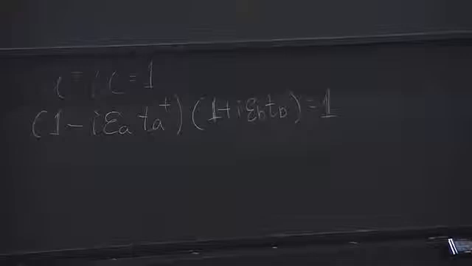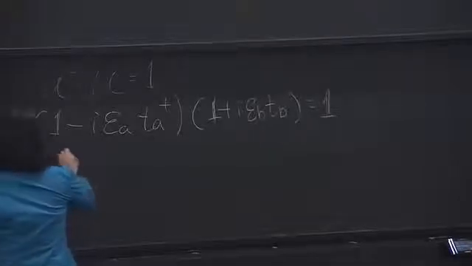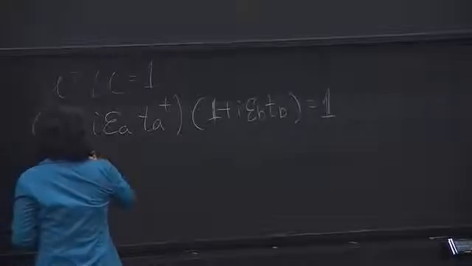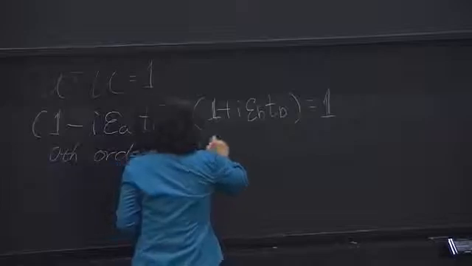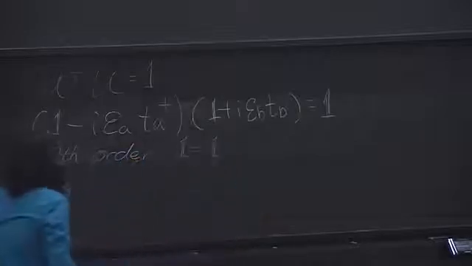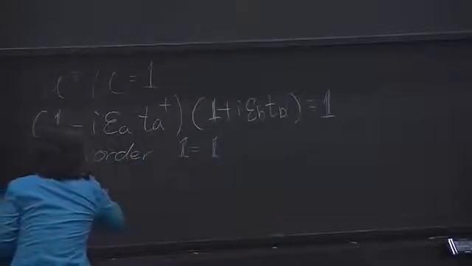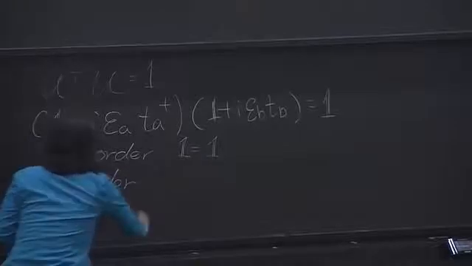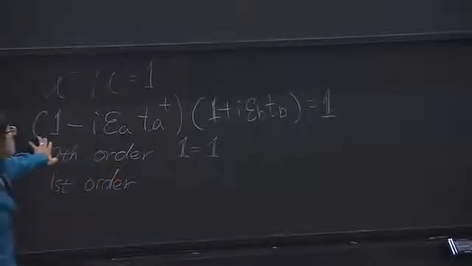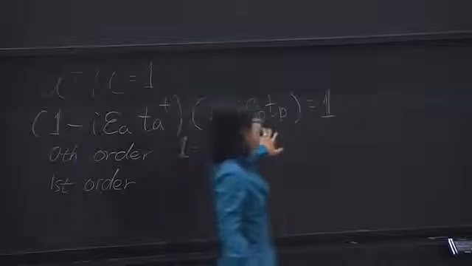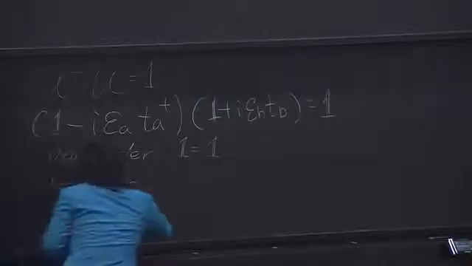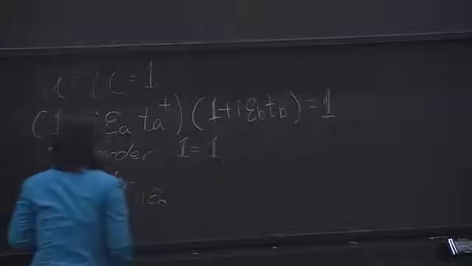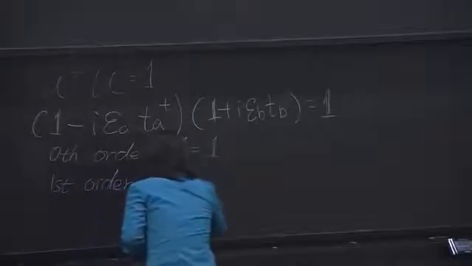Okay, let's expand this. We must be very good at this. Zeroth order: we get 1 equals 1. I'm happy. First order: we get this 1 multiplied by this guy, but it's the identity matrix, so we get i epsilon B TB.